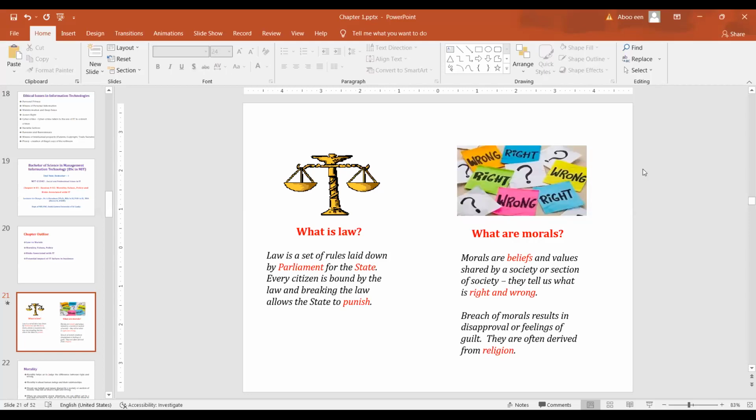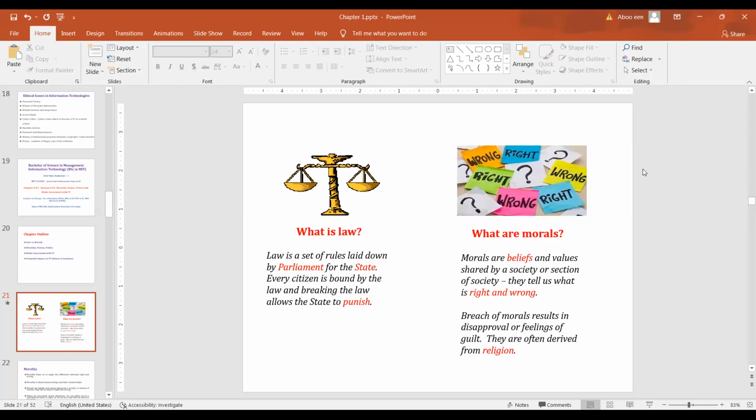Every citizen is bound by the law, and breaching the law will be punished. Laws are created in the parliament, and citizens are bound by the laws of that country. When people breach the law, they will be punished.